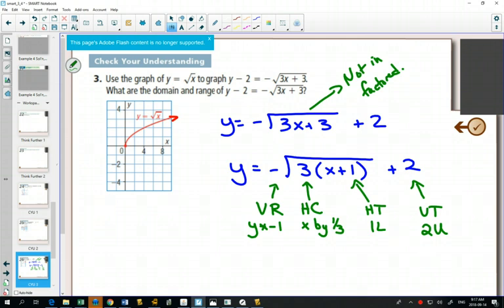Once we've figured out everything that we are going to do, we're going to take key points from the original graph and then see where they end up. Now, a really important point on our original graph is 0, 0, because that's where our square root graph starts. So for sure, we're going to use 0, 0.